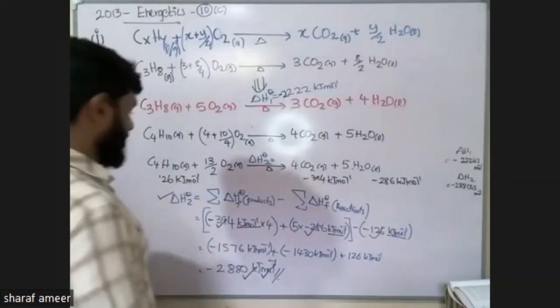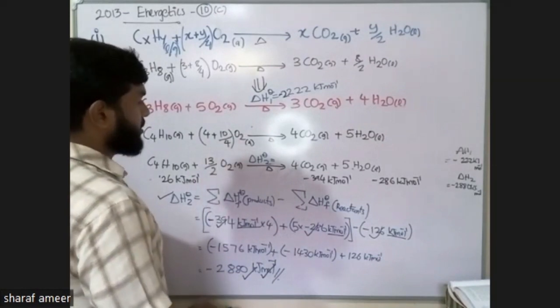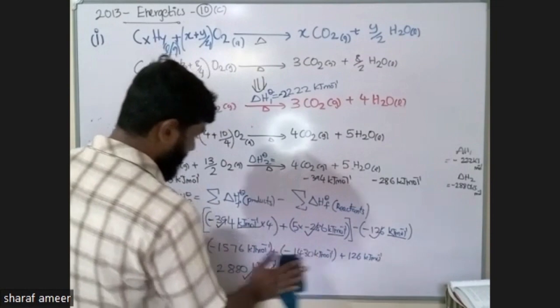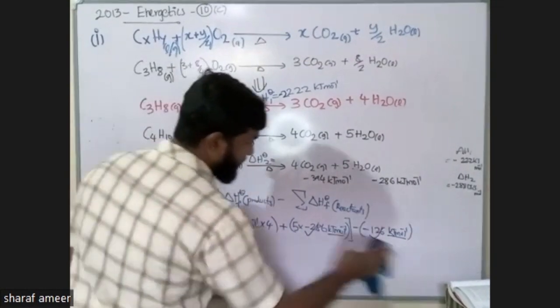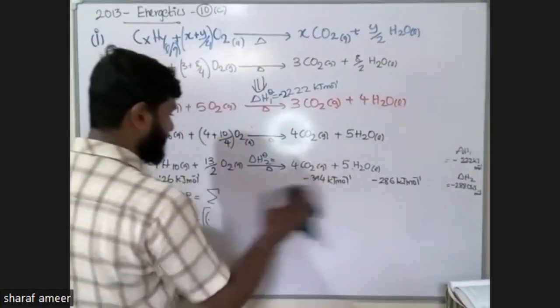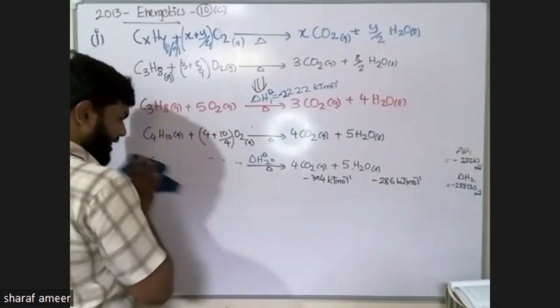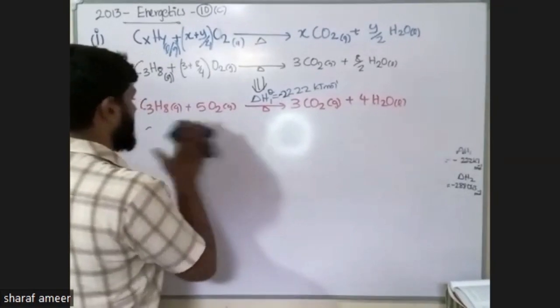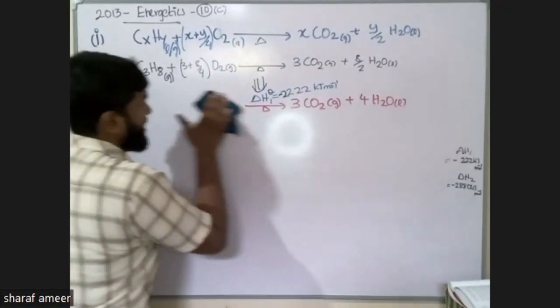Even you can use an enthalpy level diagram also. There are marks also there. So any of the three, you can do this way also. At the same time, you can do it with the Hess thermodynamic cycle, or else you can use an enthalpy level diagram.